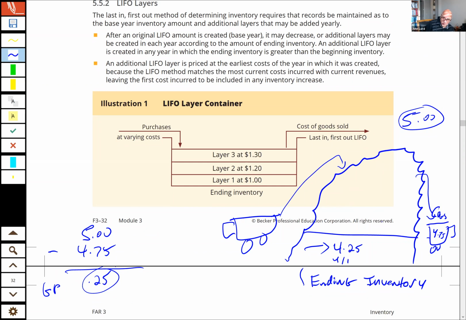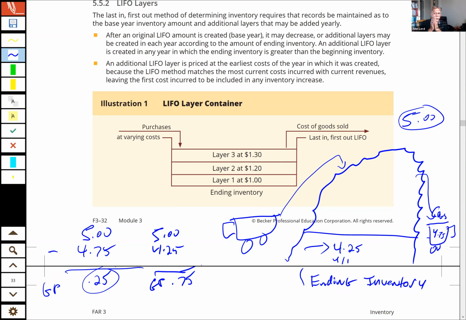And now I'm going to do what? Now I'm going to count for that inventory at 425. And now I show a nice bump in gross profit here. All of a sudden I've tripled my gross profit. I'm a genius. Look at that. Just by holding back purchases. I didn't have to change inventory methods, nothing.